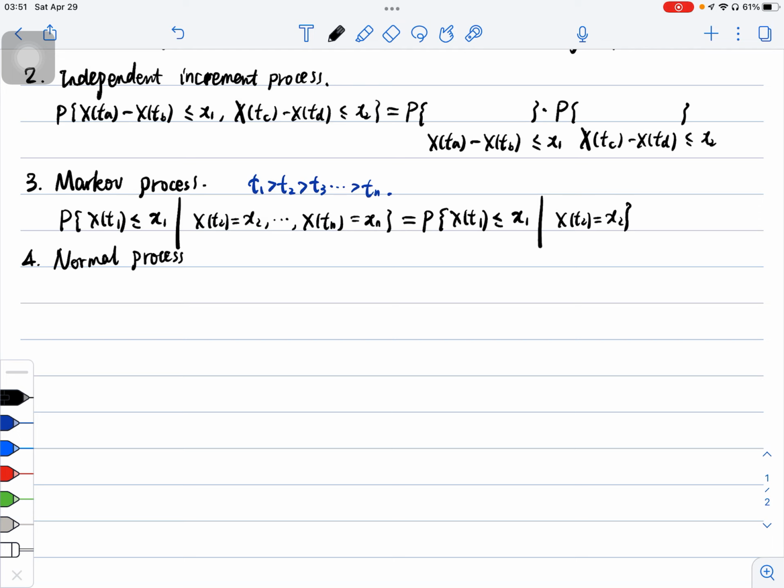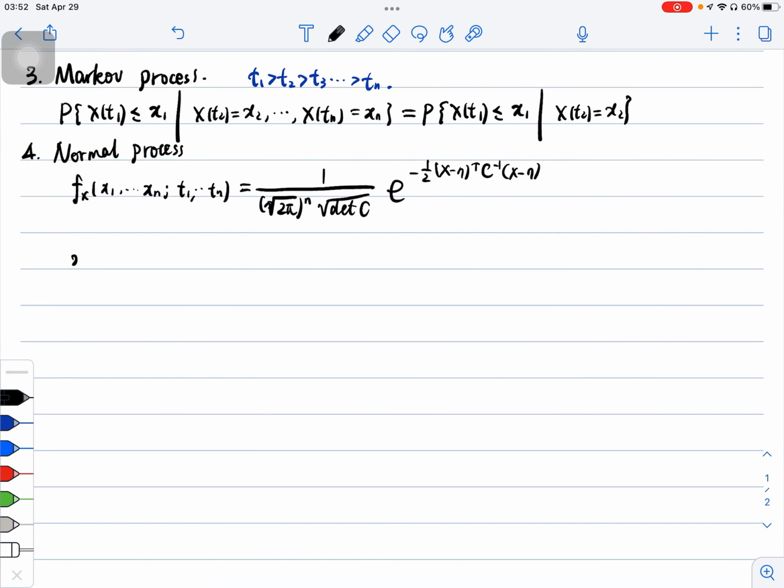A process Xt is said to be normal if the random variables xt1, xt2 to xtn are jointly normal for any n and any t1, t2 to tn, which means that this is, where x is, so this is small x.